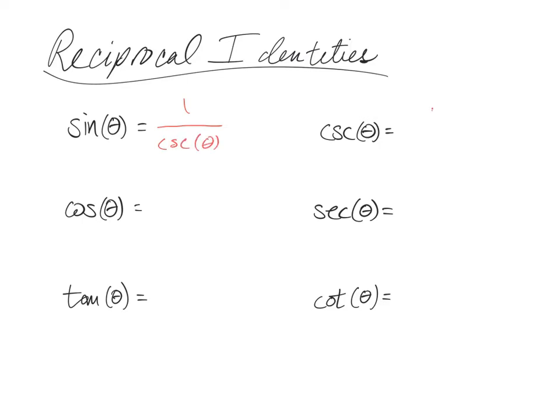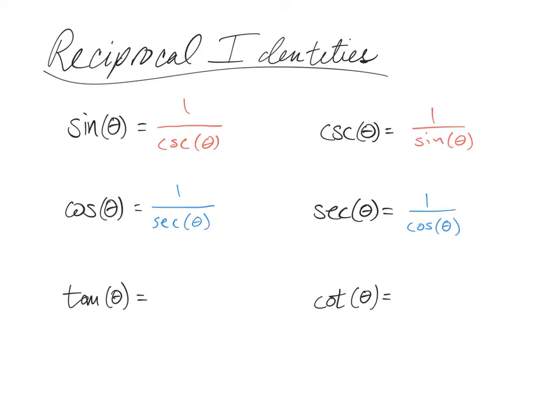And cosecant is the same thing as 1 over sine theta. For the next two, I mentioned on the last slide that cosine and secant are reciprocals of each other, so we will write it like this. That cosine is 1 over secant theta, and secant is 1 over cosine theta.